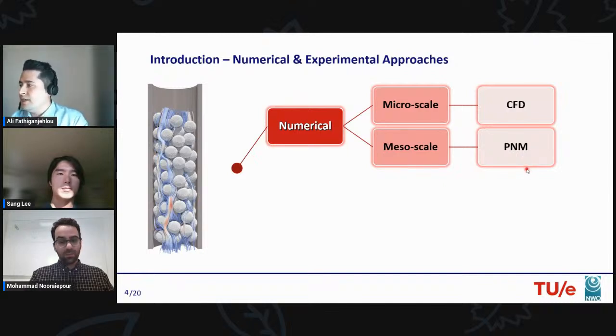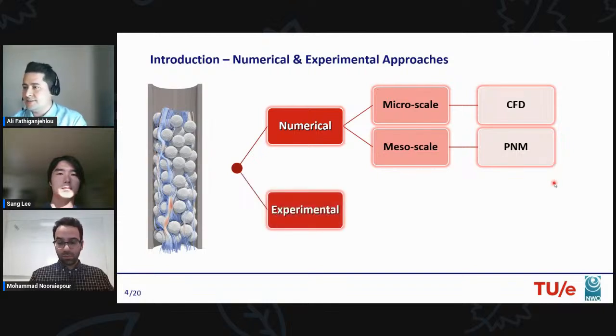PNM is also able to provide partially resolved local results, of course not as resolved as CFD. It can also provide accurate results, but for that we usually need an initial calibration for the pore network model. And this calibration can be performed using CFD or experiments. Once the PNM is calibrated, it can be used for further analysis.